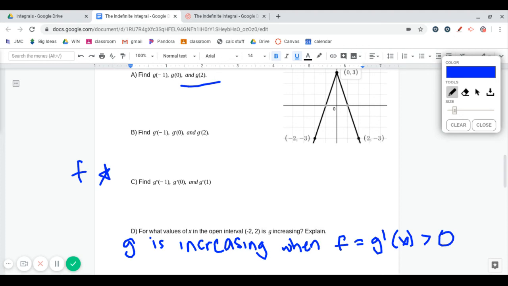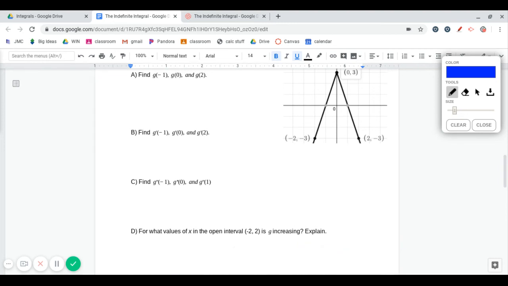So when is this f positive? So our interval is from -1 to 1.